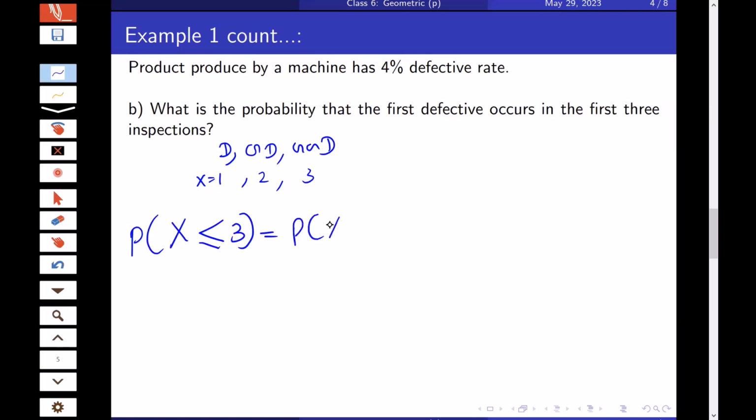So that's the same as finding the probability of x equal 1 plus the probability of x equal 2 plus the probability of x equal 3.